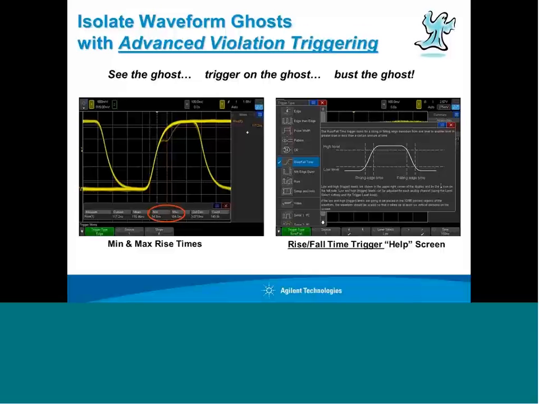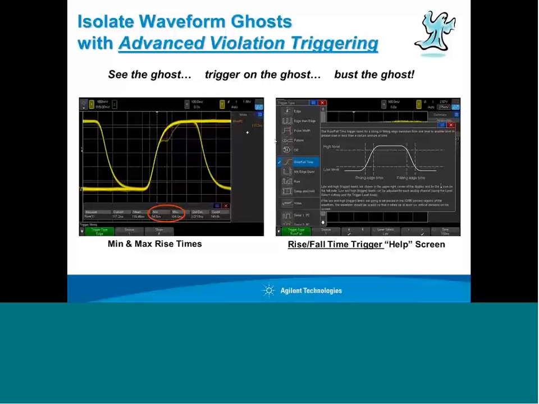Now, many scopes in this class have advanced triggering capabilities. The trigger mode that most people often use is just edge triggering. But if you look at the screen on the right, here we show a menu that shows the wide selection of various trigger modes. You can see up at the top is edge triggering mode, then edge, pulse width, pattern.